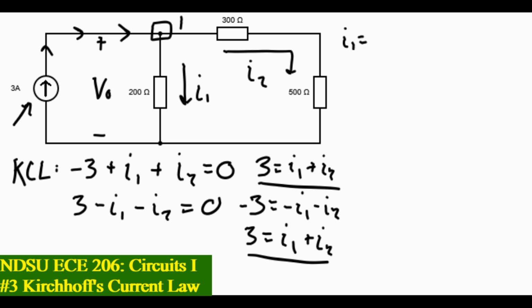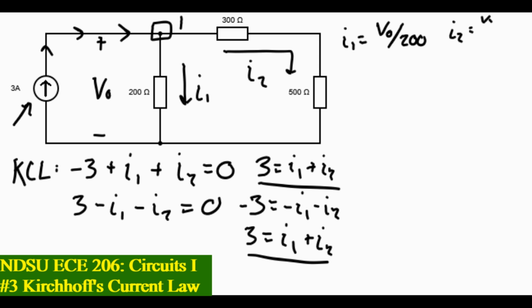All we really need now is expressions for I1 and I2, which aren't that hard. I1 is going to be what? The voltage across the 200 ohm resistor, which is VO, divided by 200 ohms. Easy. I2 is going to be similar.